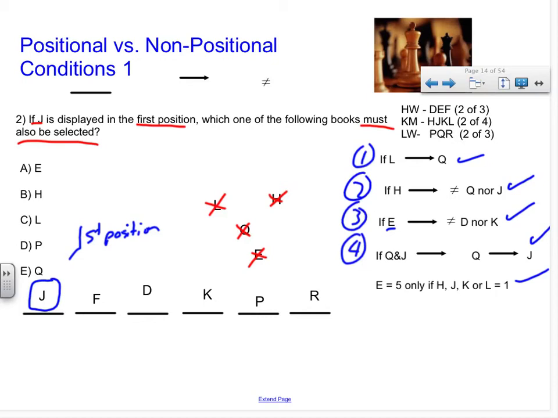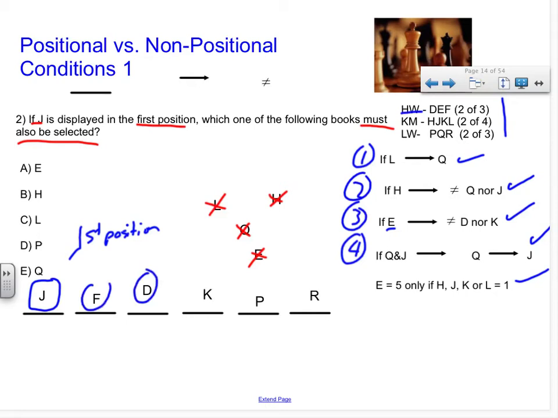Sometimes it's a good idea just to check that you meet these conditions up here too. So for HW, we need 2 out of the 3 of D, E, and F. So we have D and F. Let's represent the HW in blue.